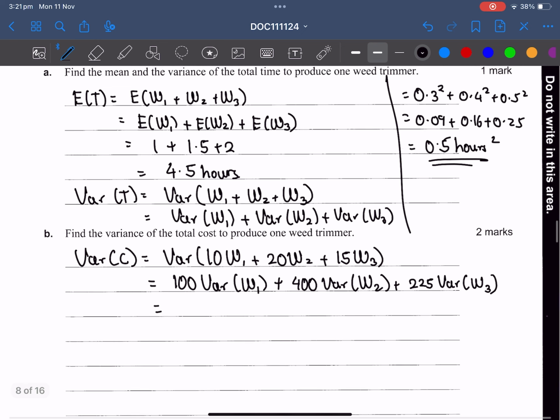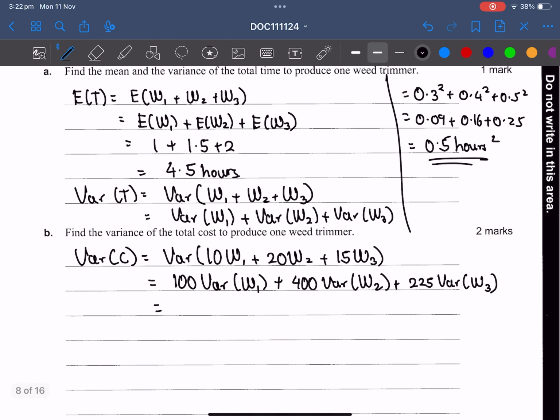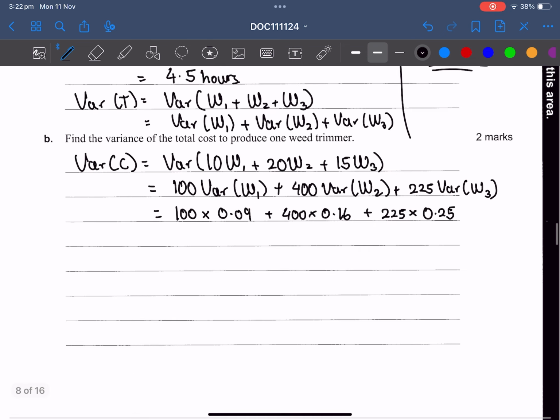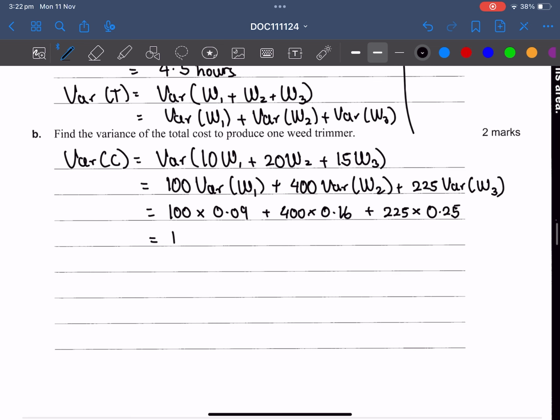Okay, again, we do not have the variance, so we just use the standard deviation. So 100 times 0.09 plus 400 times 0.16 plus 225 times 0.25. Maybe I'll just make them fractions.